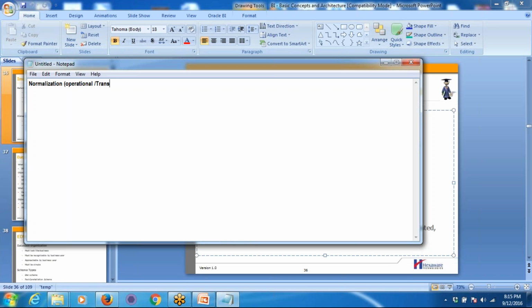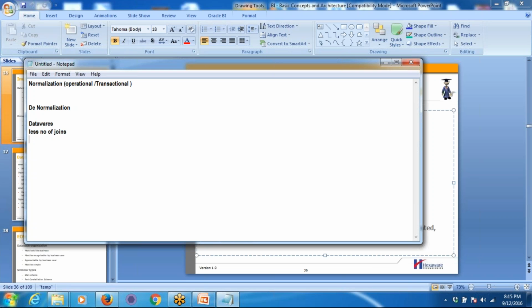The other one is dimensional modeling, denormalization, which is used for a data warehouse. In a data warehouse, you will have a denormalized schema, so there will be fewer joins. And users will directly create the reports here.